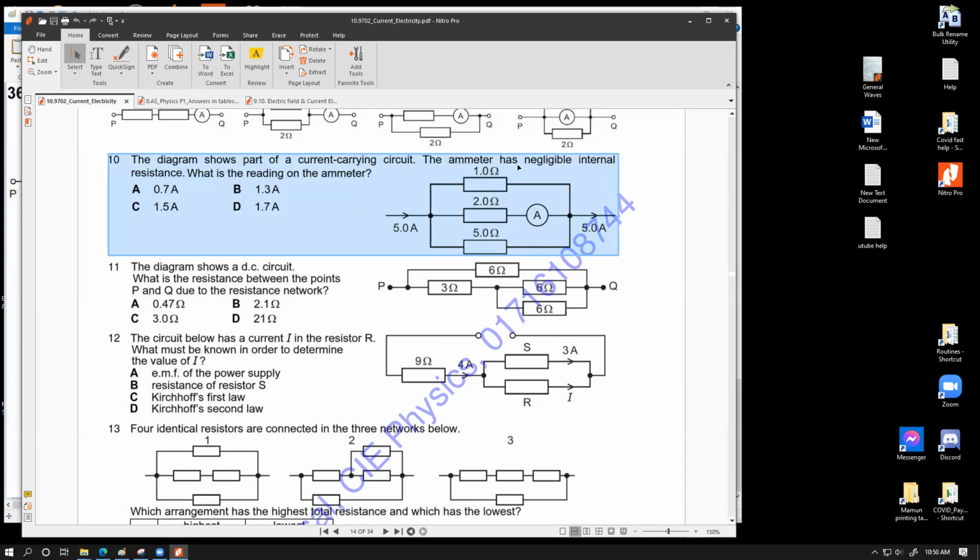So you calculate the common resistance of this, that is 1 inverse plus 2 inverse plus 5 inverse, whatever you get, multiply that by the full current. So full resistance times full current gives you the full voltage. So you get the voltage across these 2 points, and then use that voltage and only this branch's resistance to find the ammeter current flowing through this branch. That's pretty much it. What answer do you get?